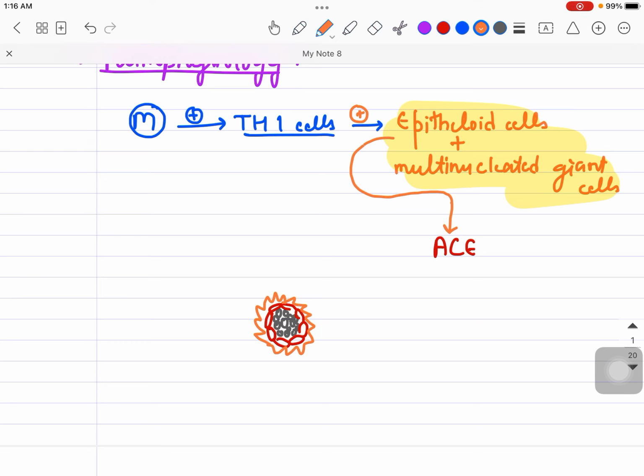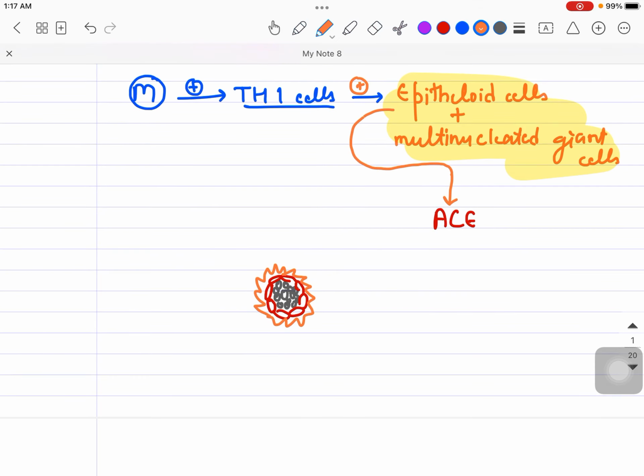I'm just drawing a very vague picture here. Around this, fibrosis might happen. Some fibrous tissue can be there, and some of the fibroblasts might be there here and there.